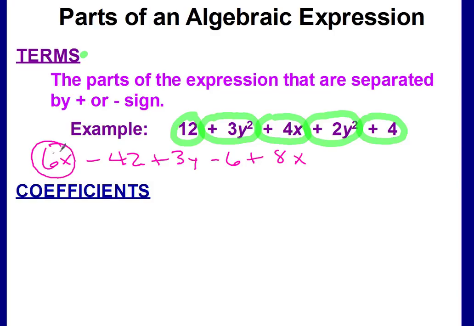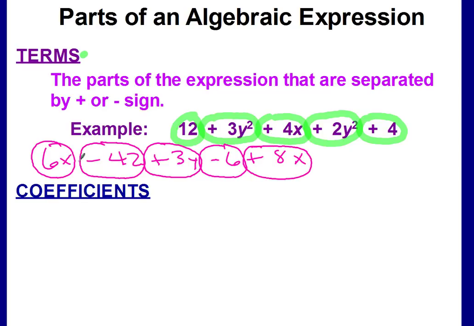So this 6x would be a term. This negative 42 would be a term, and that's called what? When it's just a number, it's a constant. Then we have a positive 3y, a negative 6, that's another constant, and a positive 8x. So how many terms? 1, 2, 3, 4. This one also has 5 terms.